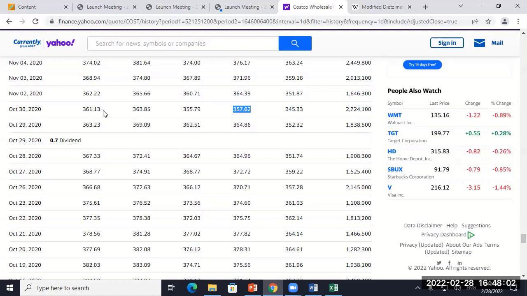357.62. Can y'all see that? October 31st, 357. We don't want to do the adjusted price because we're including the dividend in our calculations. 357.62. I should copy that because I can't remember anything I said 3 seconds ago.